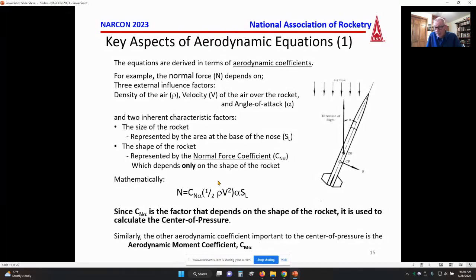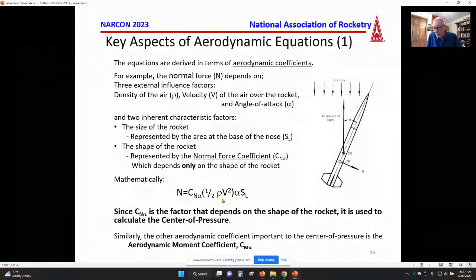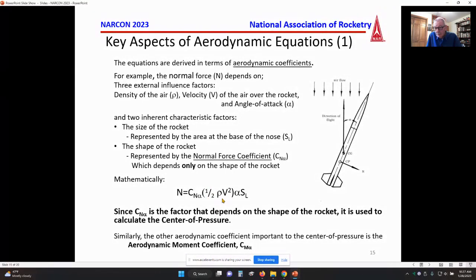That is the pressure that the rocket feels as it flies through the atmosphere. This affects the drag, this affects the aerodynamic moments, and is a key aspect of aerodynamic flight. You'll notice this 1/2 here. This tends to have people scratching their head.